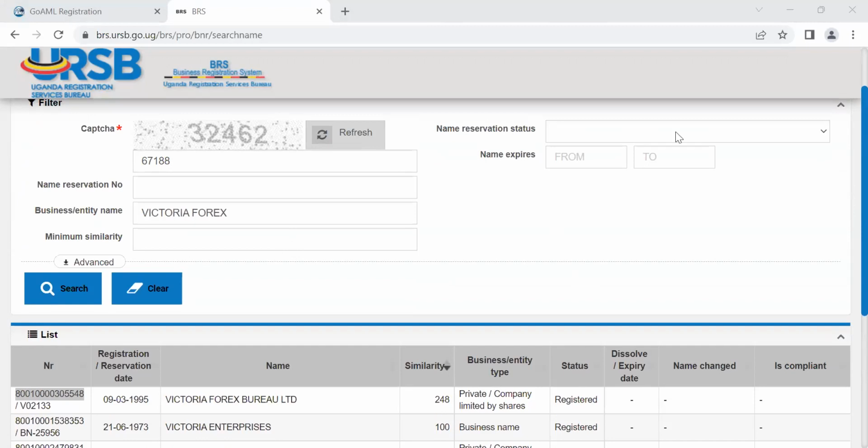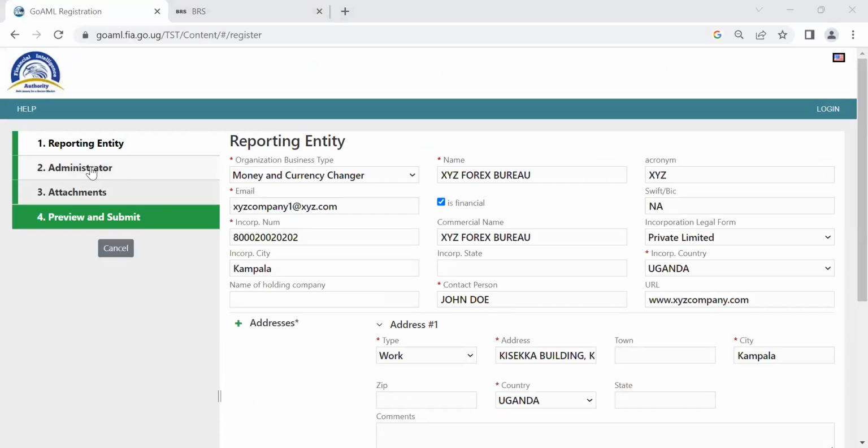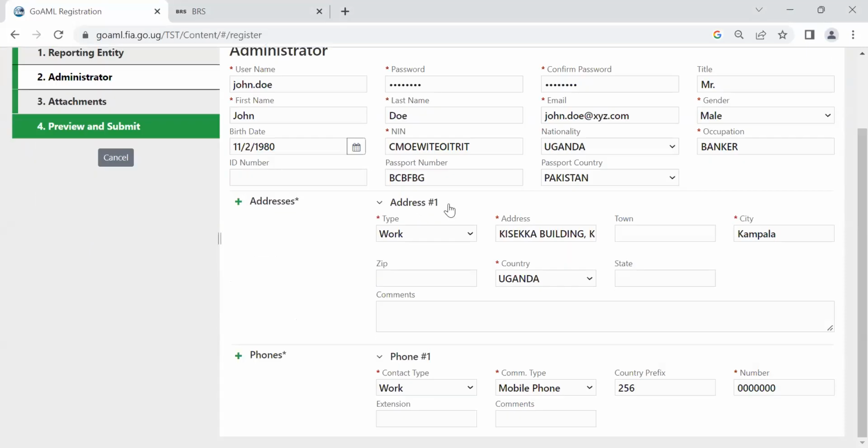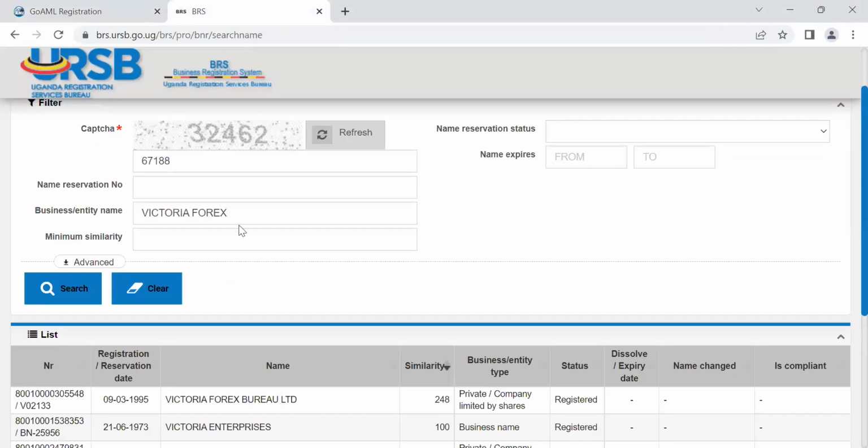Okay, there's a question. Midland, help me check. Someone says they are lost where we are. We are still on the system. We have finished registering the reporting entity and entering details on the administrator. We're now moving on to attachments, but I was just checking incorporation numbers for your colleagues.